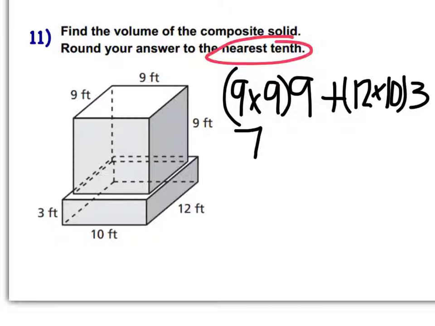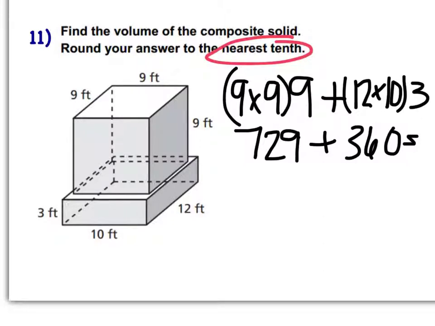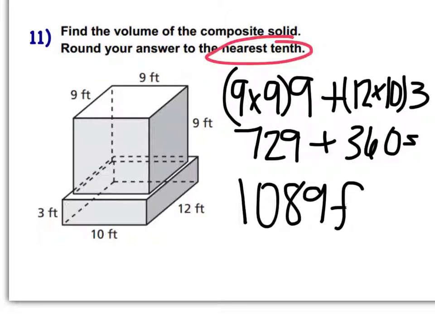So I have 729, and we're going to add that to 360. Add that up together, and we get 1,089. Label is feet cubed. Brilliant.